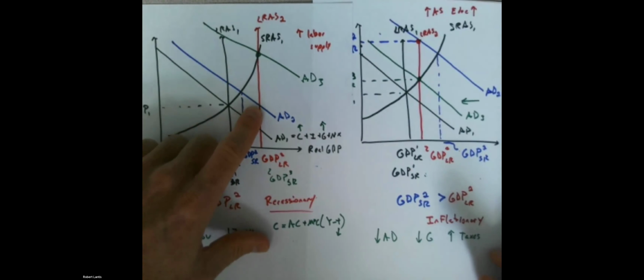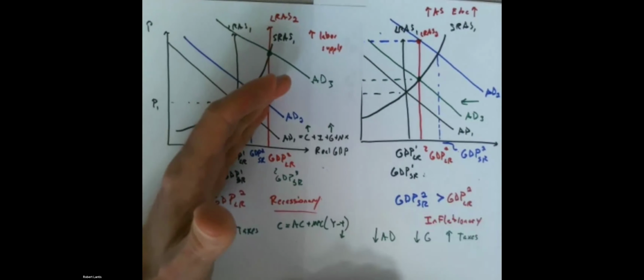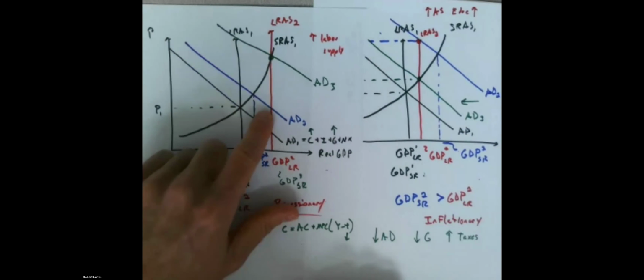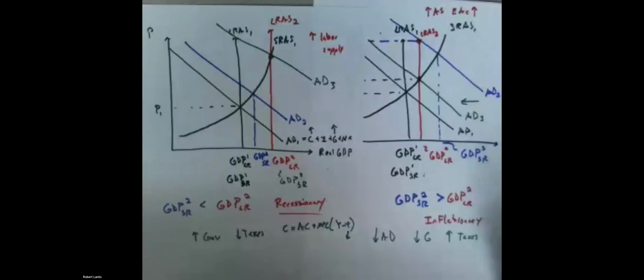They would have been down here at that long run equilibrium if we allowed short run aggregate supply to adjust. We didn't. We increased aggregate demand, which then pushed those price levels to be higher than what they would have been if we would have been patient. Mentally to think about it. Okay. Any questions there?